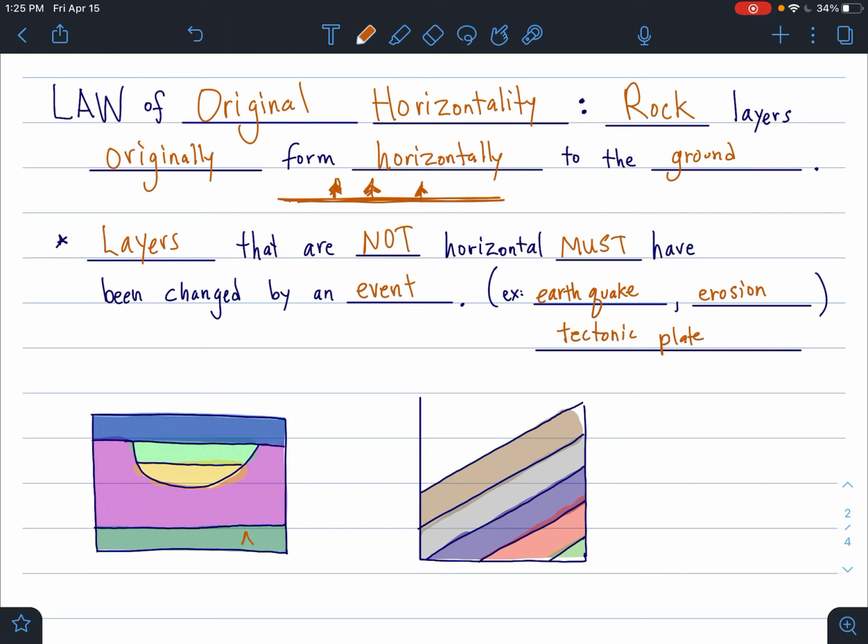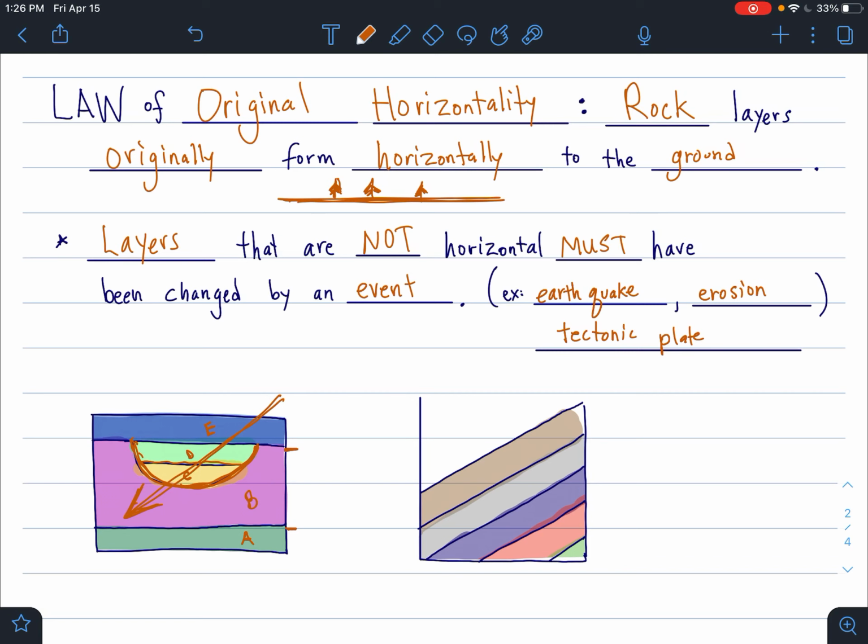So if we label these examples on this one on the left here, and go ahead and draw this in your science notebook, we have A at the bottom, and then B is this purple layer. Let's have C be the yellow, then D, and then E. You see what had to have happened here is that A had to form first, and then B had to form. C then is a result of B being eroded by a river. So you can imagine if there's water flowing through this rock layer, it would have dug out this kind of half circle shape.